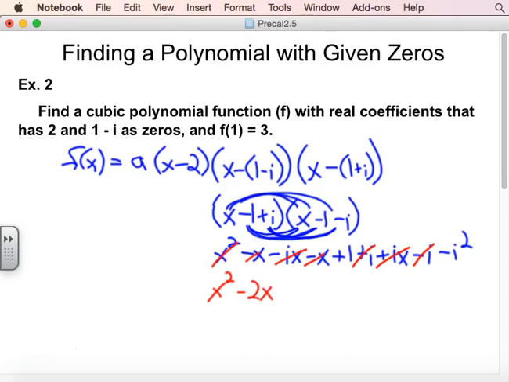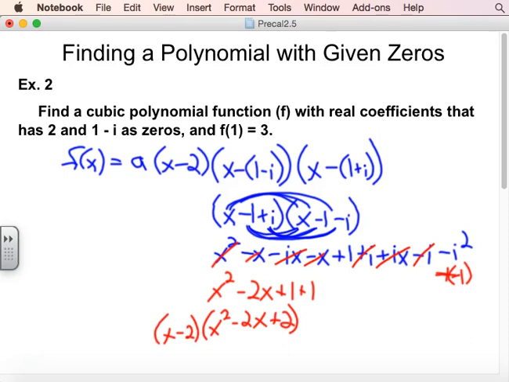And then we've got plus 1. And remember, minus i squared. Well, i squared is really negative 1, so this is really minus negative 1, which is a plus 1. So we've really got plus 1 plus 1. So this is really x squared minus 2x plus 2. So those two multiply together to give us that, and then we've got the x minus 2 right here.